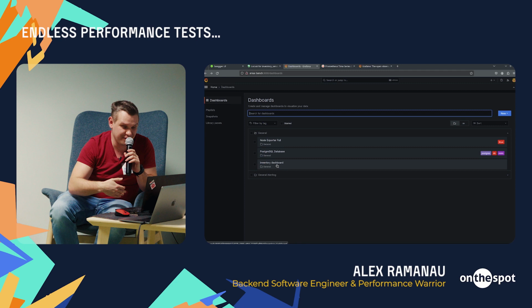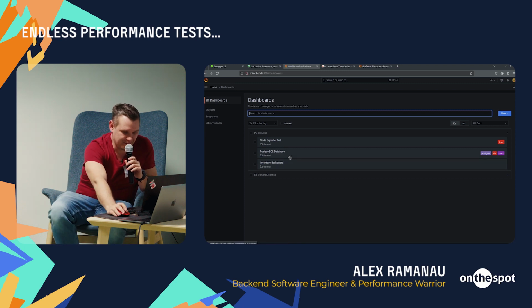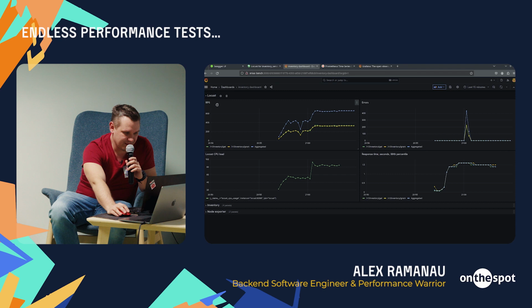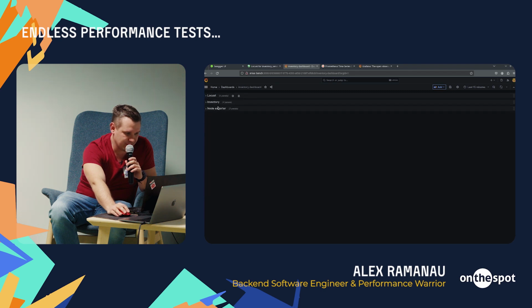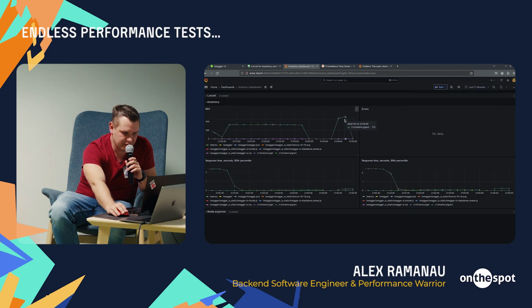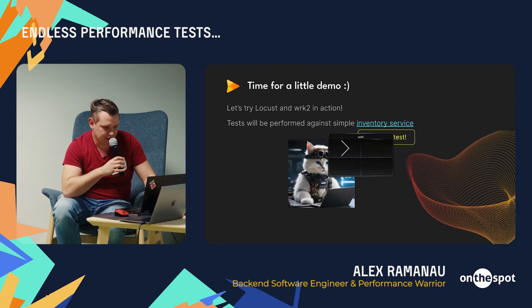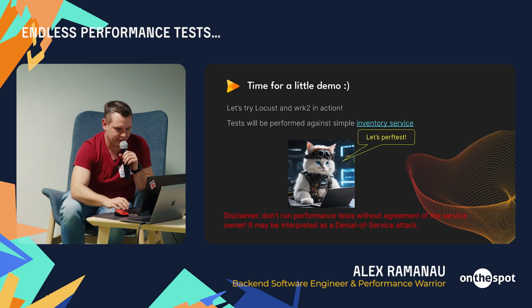I also have some extra workloads like black market, and WRK is very good at hammering services. Locust doesn't have this workload, but if you see its inventory, see the spike of load, it's a 30 second test. Okay, that's it probably.